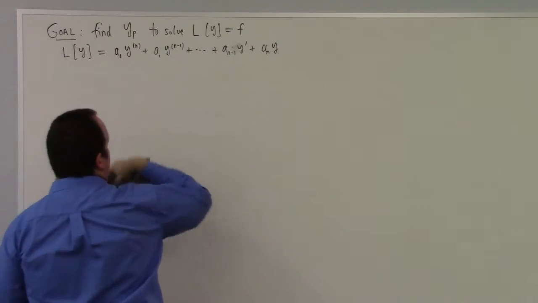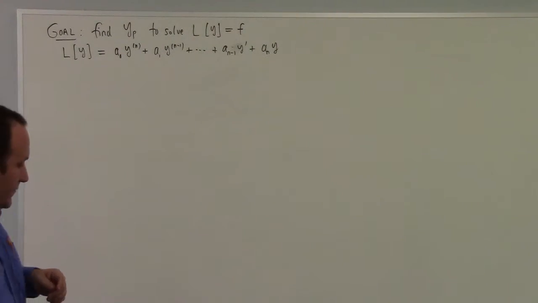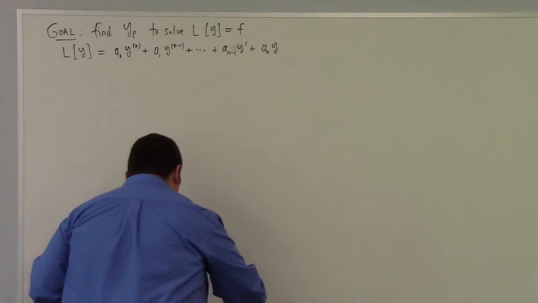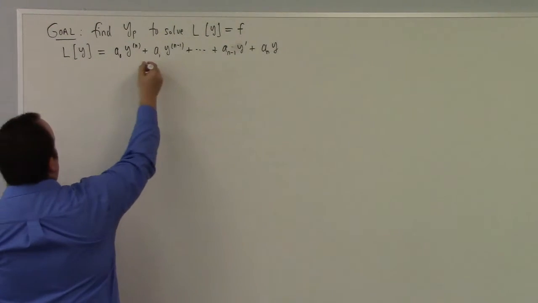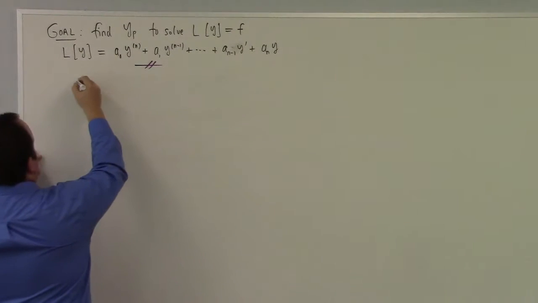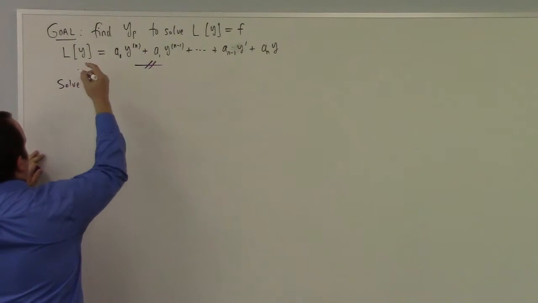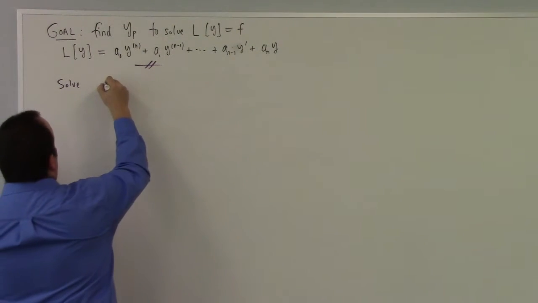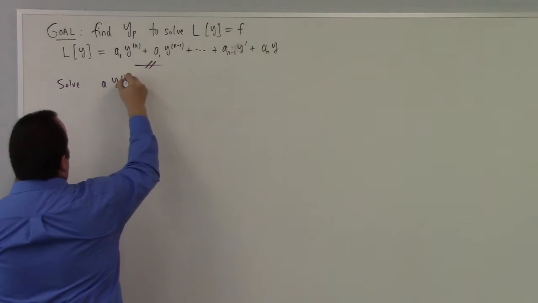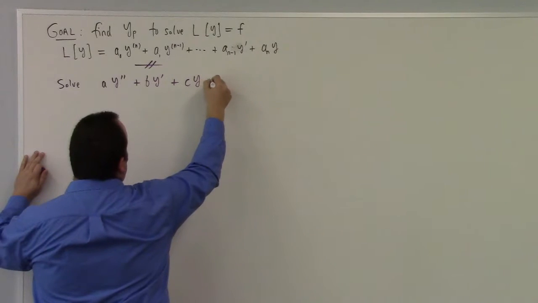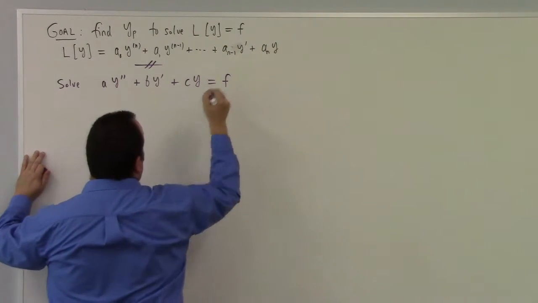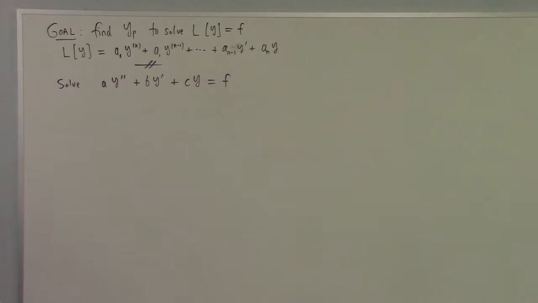What we're going to do is focus on a slightly more mundane goal, which is to find the particular solution of, let's say, a y double prime plus b y prime plus c y equals f. A little bit more manageable.